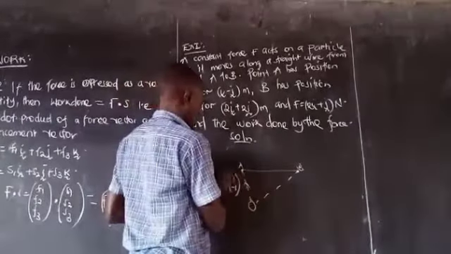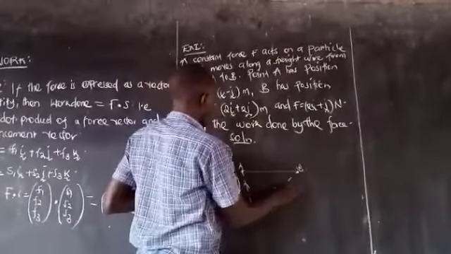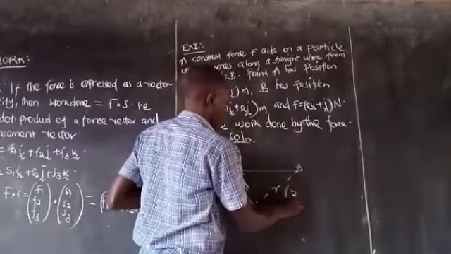And this is vector OB, the position vector of B, and it is given as (2, 2).